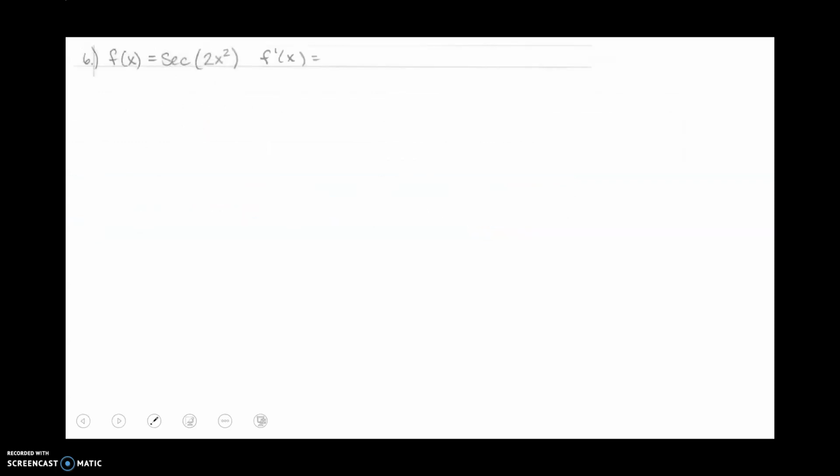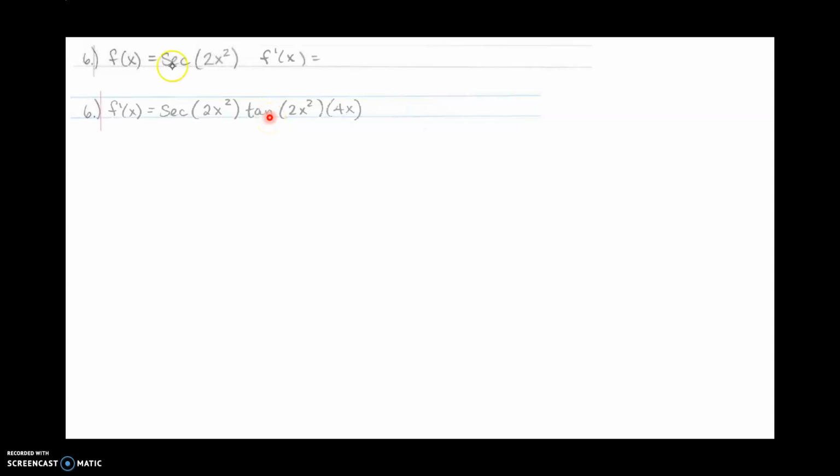Alright, then for number 6 they ask us to take the derivative. So we have secant of 2x squared. If you take the derivative of secant anything, then that's going to be secant tangent of that thing.